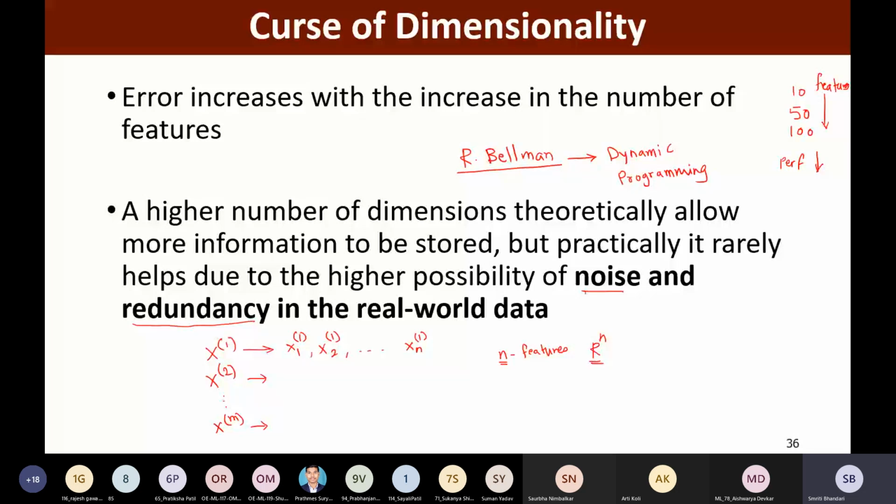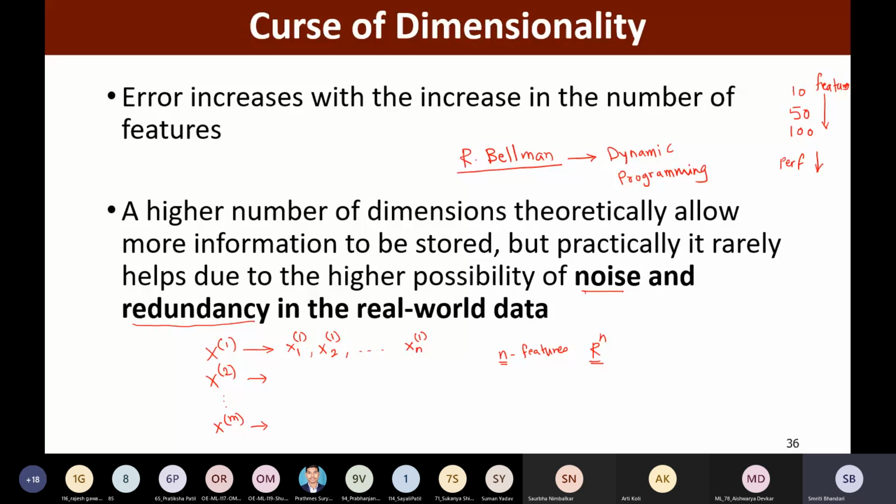So in machine learning, a small increase in dimensionality would require large increase in the volume of the data set to maintain the similar level of performance of the algorithm.